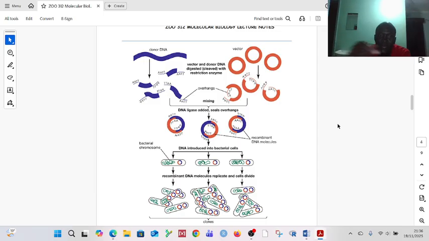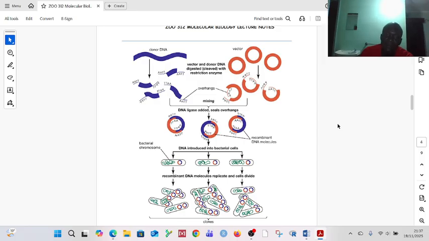Okay? So once the vector together with the gene of interest, what we are calling now the recombinant DNA, is introduced into the host cell, then that host cell is now transformed. After that introduction, we do cloning. We allow that particular bacterial cell that has now been transformed to create many copies of itself, to create clones. A clone is a copy, an identical copy.